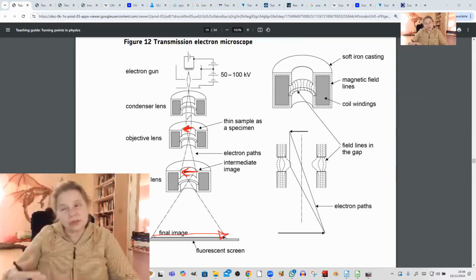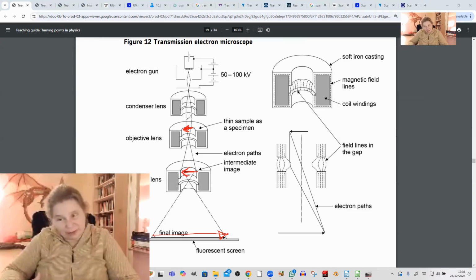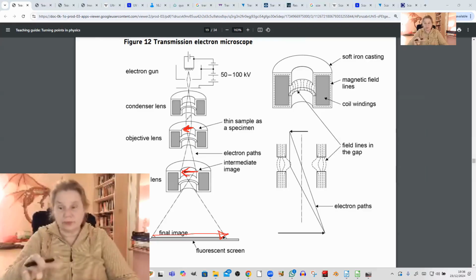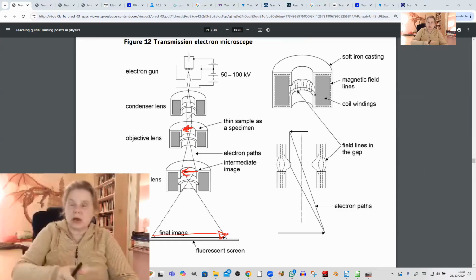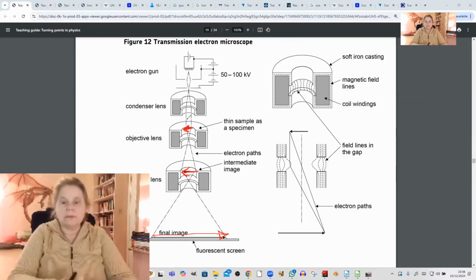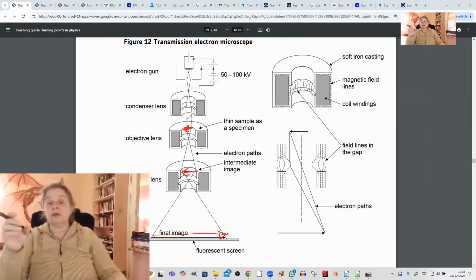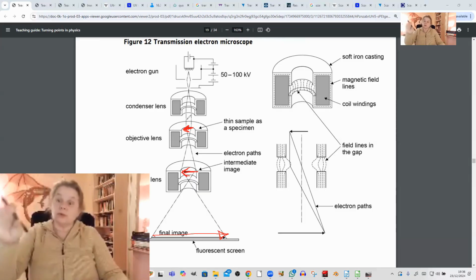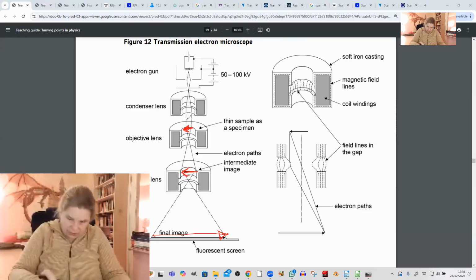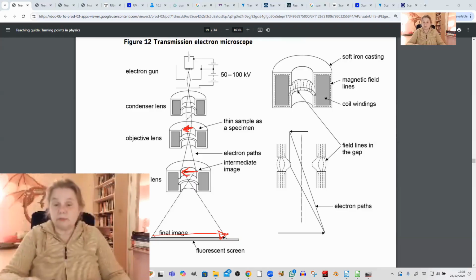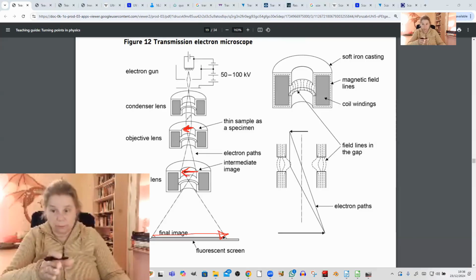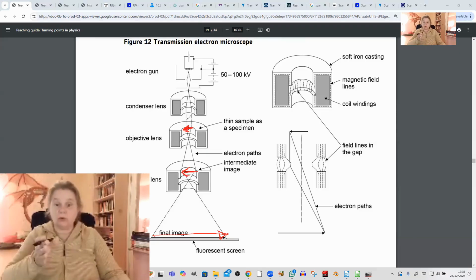So the electrons do arrive at different times, which can be a bit of a problem, and this is one of the things that can limit resolution. Obviously the resolution is limited by the accelerating voltage and consequently the electron waves. It's also limited by how good you can focus your beams with your lenses.